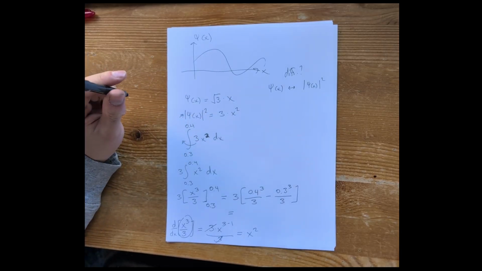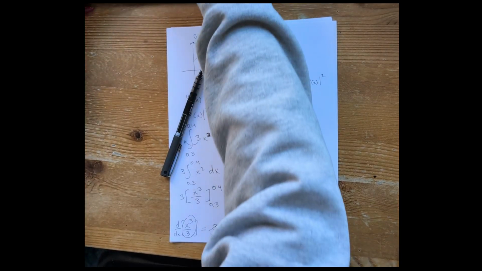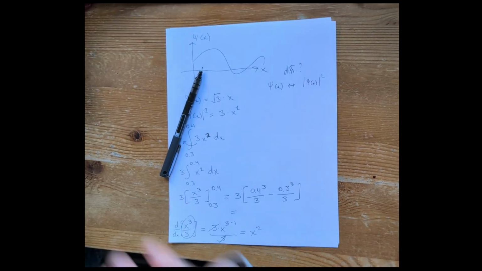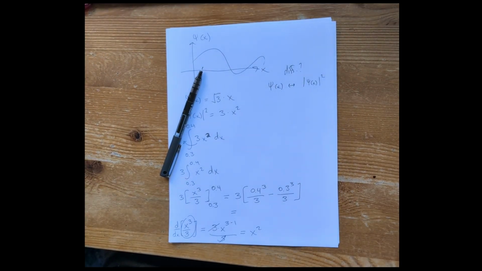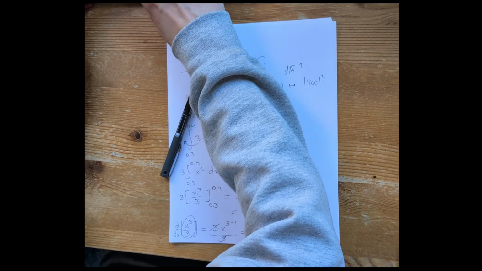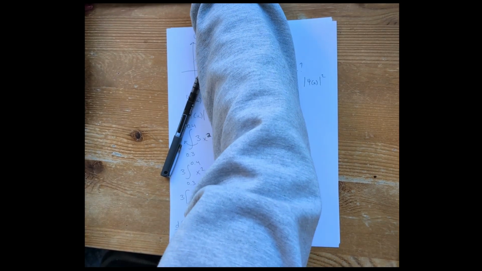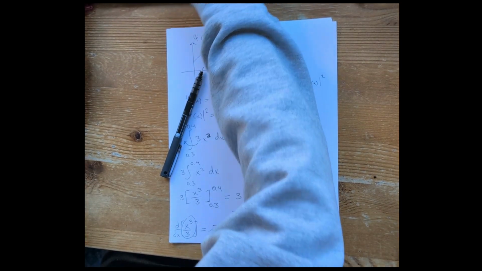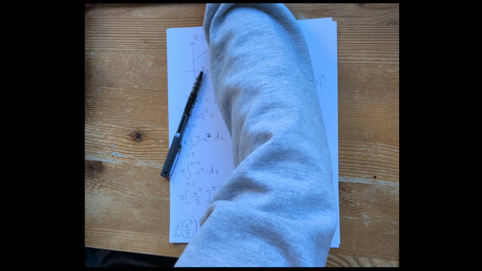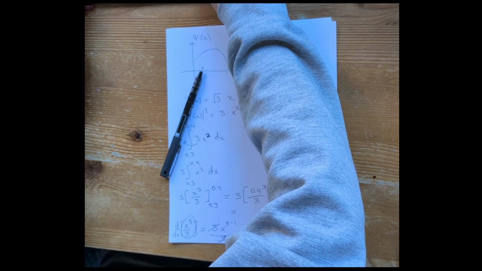So let me go actually to a more complicated calculator so that I don't have to fumble around with the basic calculator here. Okay, I'm gonna plug in everything all at the same time here. So I got 3. Inside I got 2 fractions. The first one is 0.4 to the power of 3.